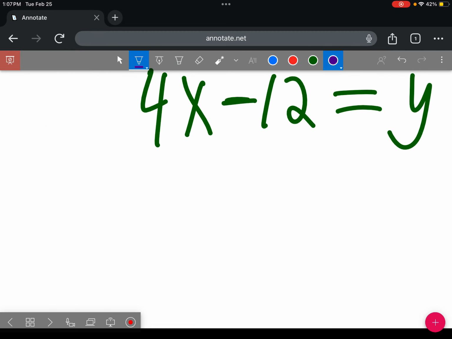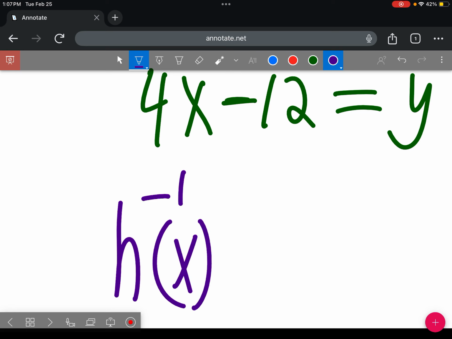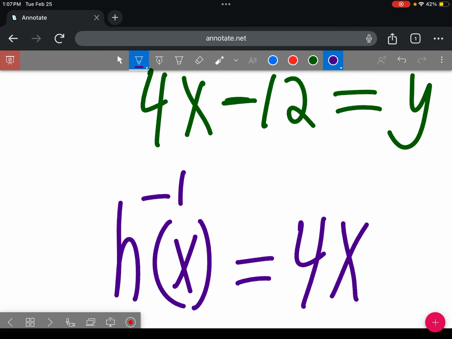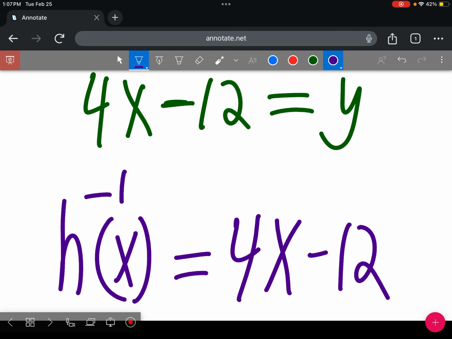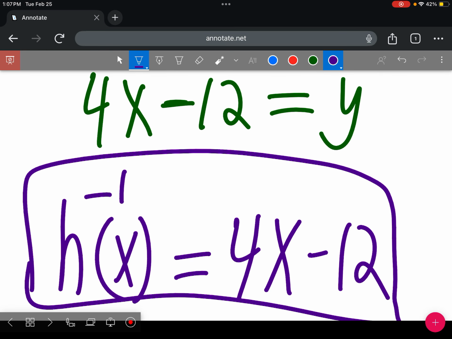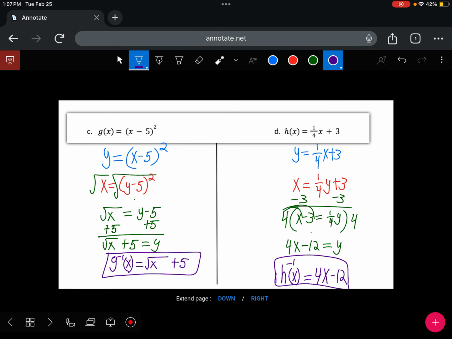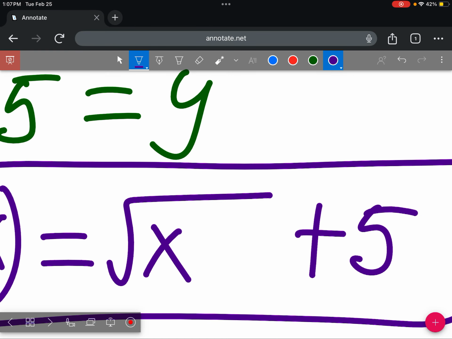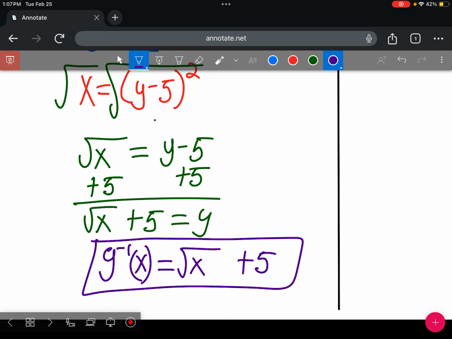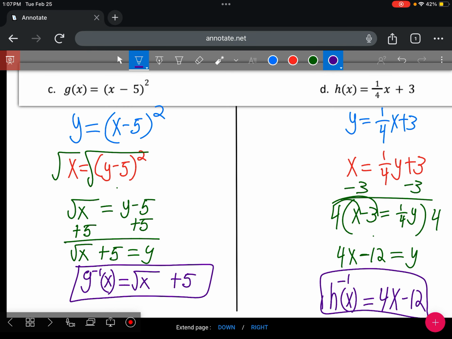That tells us h inverse of x is equal to 4x minus 12. Very good. All right? Be perfectly clear about this one again. It's the square root of x, plus 5. Not the square root of x plus 5 together. All right? Very good.